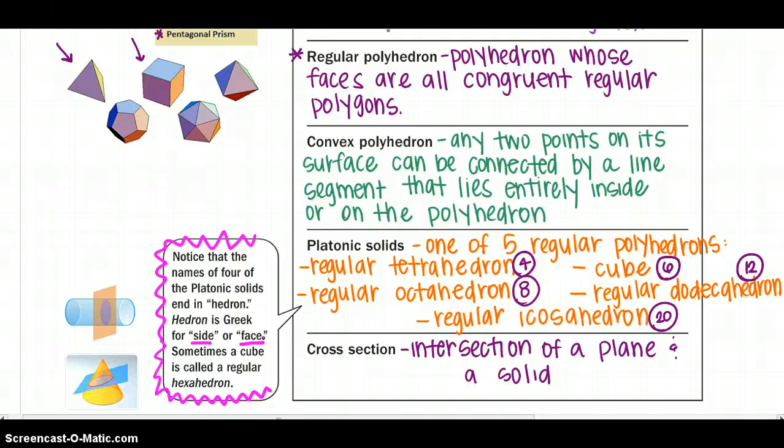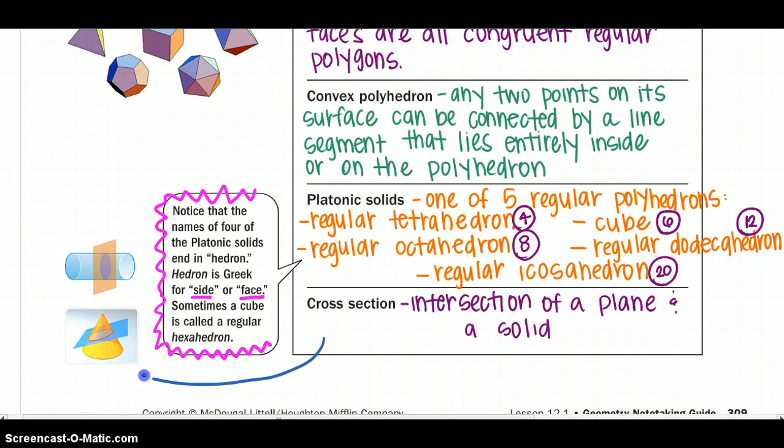And the last vocab word is a cross section, and we are going to do some more with that tomorrow. But it's the intersection of a plane and a solid. So if you look over here, I have intersected two shapes, or solids, that we are going to work with more later, but that's just how you can recognize that cross section.